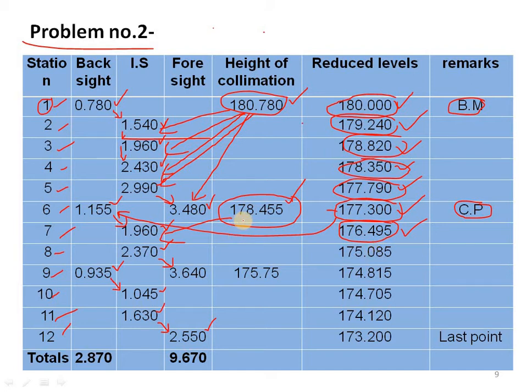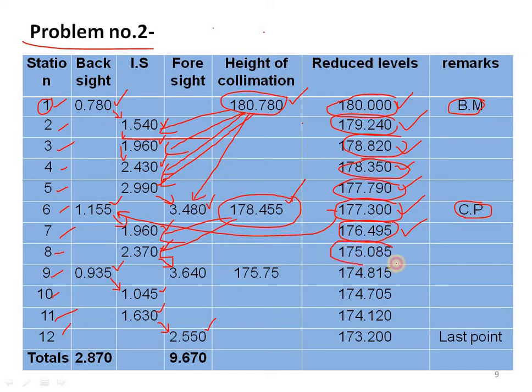And again from the height of the instrument, that is 178.455, we have to do the minus of which station? Intermediate station 8. So the same, 178.455 minus 2.370. How much will you get? That is 176.085.